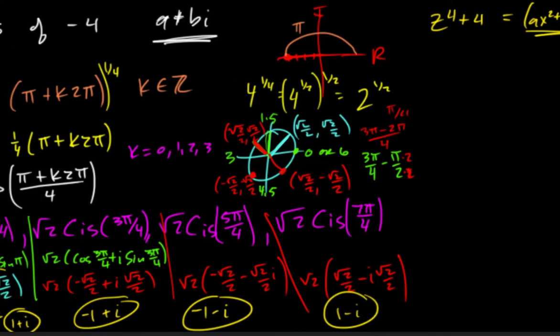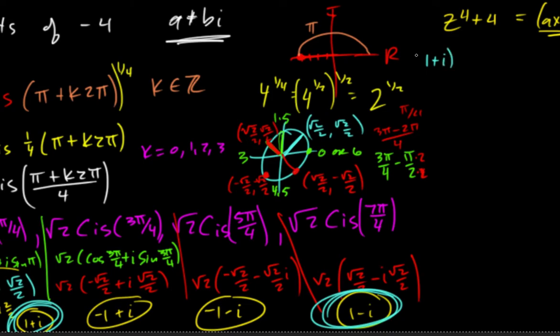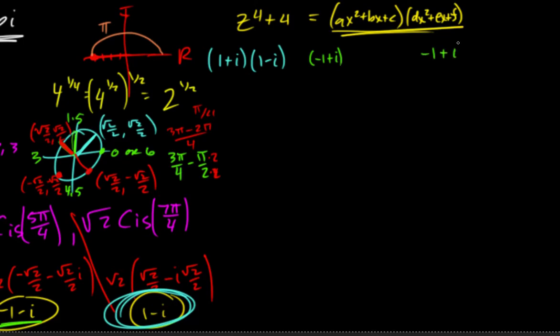Okay. So we're going to get our conjugate pairs together. So we want our i's to be different, but okay, so this one and this one are conjugates. So 1 plus i times 1 minus i. And then we'll do this and this. So we'll do negative 1 plus i. Actually, let's do it over here. Negative 1 minus i. Okay.